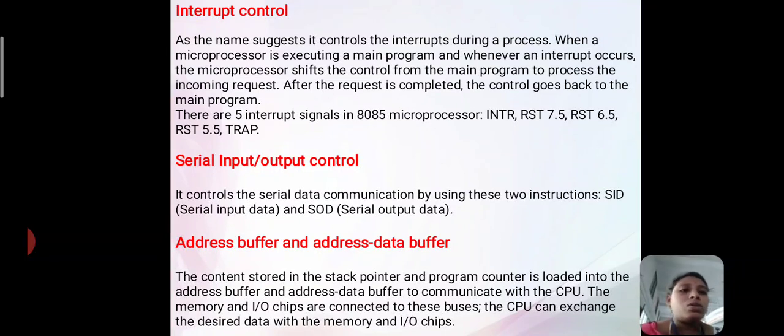Whatever content is stored in the stack pointer and program counter is directly loaded into the address buffer and address data buffer for communication with the CPU. This is about the address buffer and data buffer.